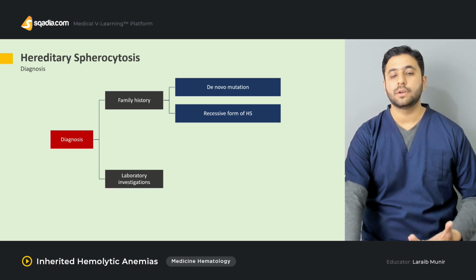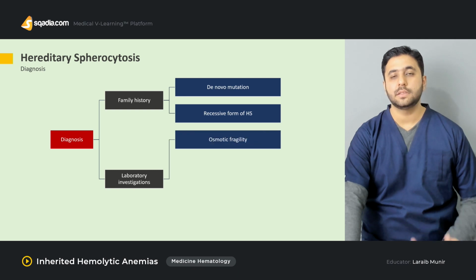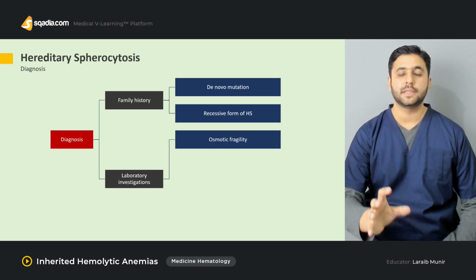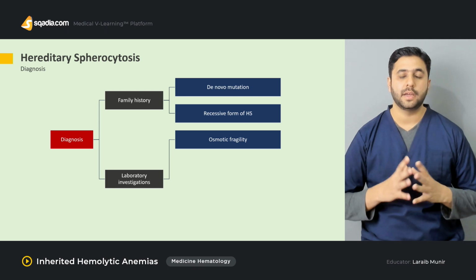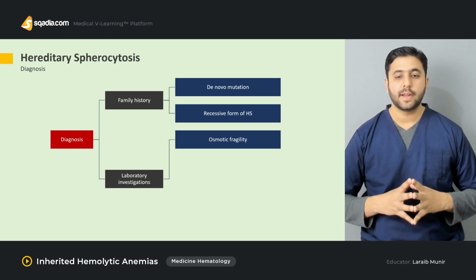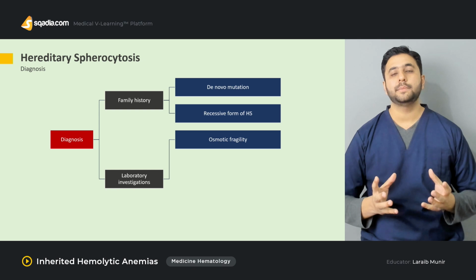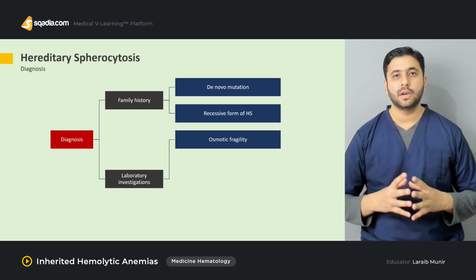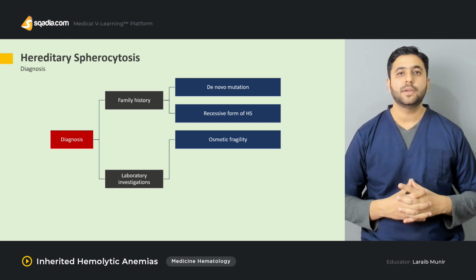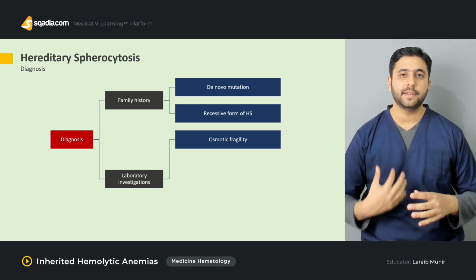The important screening test available to us is the osmotic fragility test, which is the major important one which you have to remember. What happens is when the RBC becomes spherical, a spherocyte, its ability to counteract the external stresses decreases.